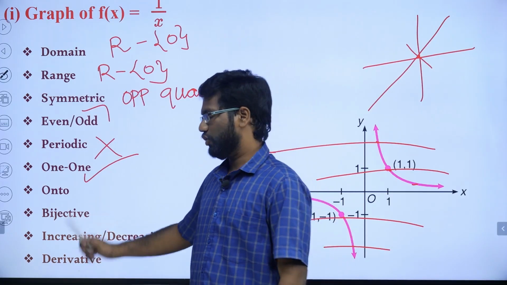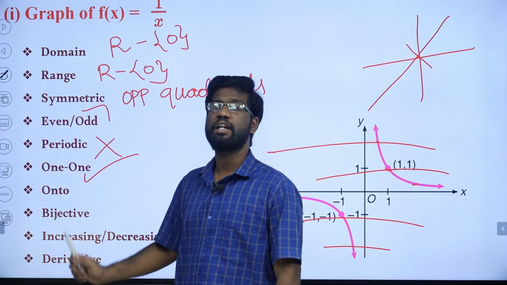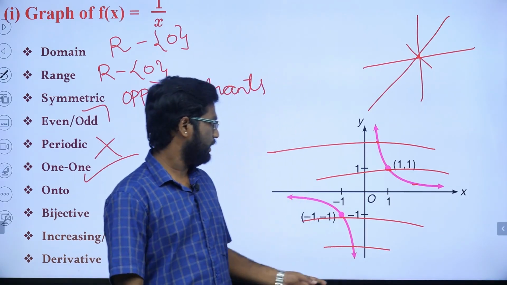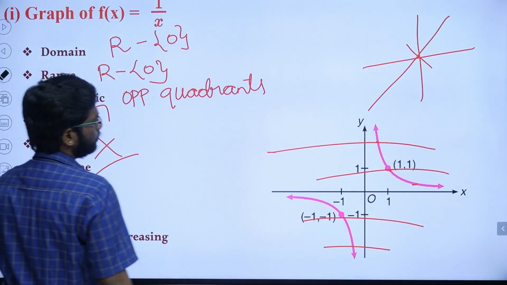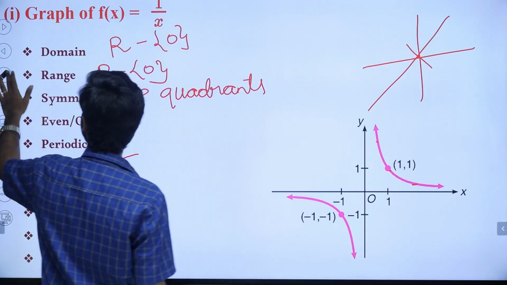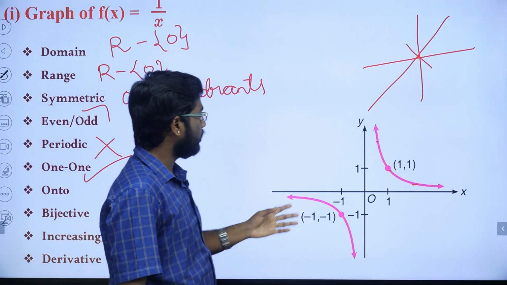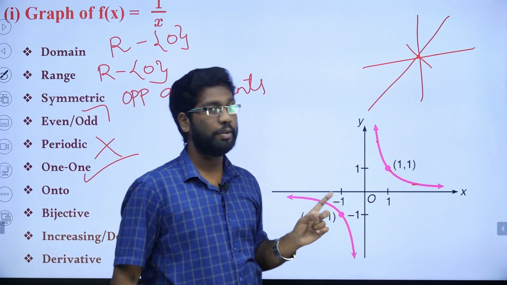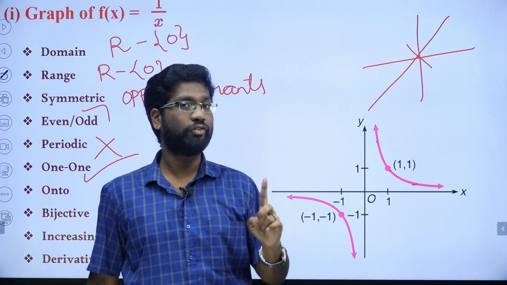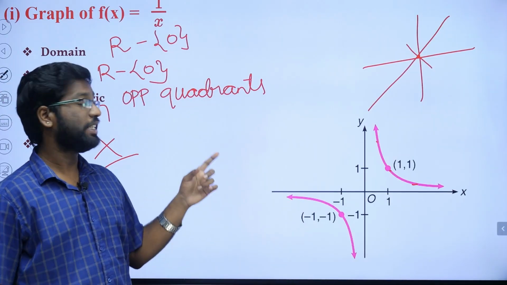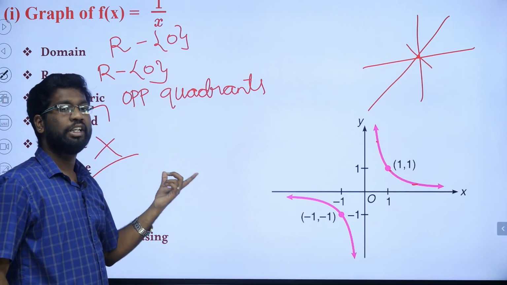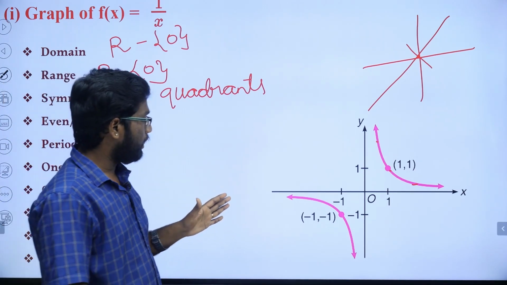And onto function, my dear students. How to find whether it is an onto function or not? To find that, through the graph, for an onto function, my dear students, you have to be very careful with the domain and codomain. If my codomain is also R minus 0, then for me no problem.